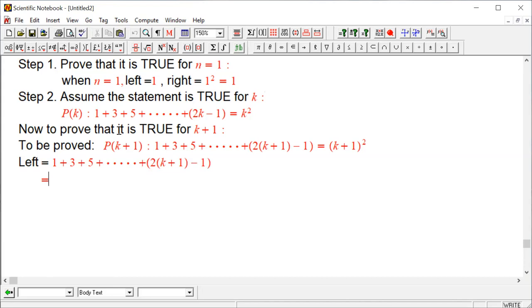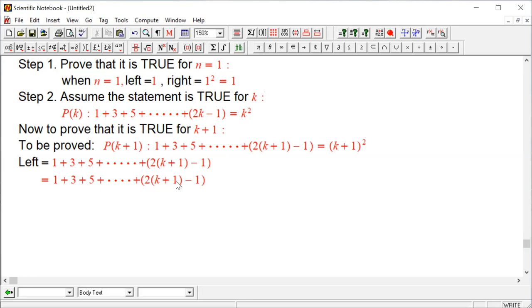right? Let's organize them. 1 plus 3 plus 5 plus, the last one is 2k plus 1, 2 times k plus 1, right? And we're going to organize this term to figure out what's in front of it, right?